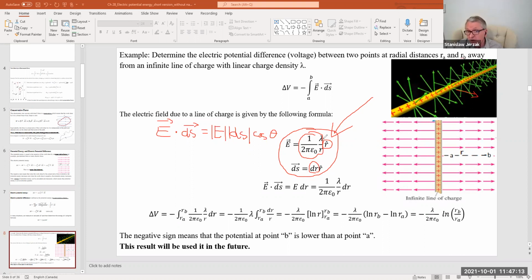And the dot product is what? r is really a coordinate in cylindrical coordinates, one of the coordinates. Then the dot product is the first coordinate times the first coordinate. There are no other components, because in cylindrical coordinates you need three variables: r, phi, and z. So these are cylindrical coordinates.